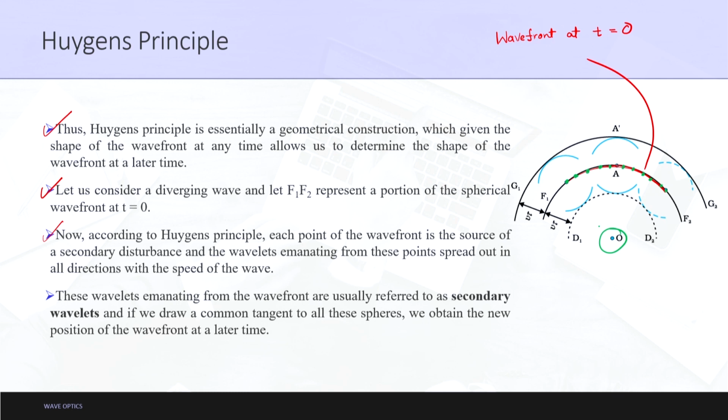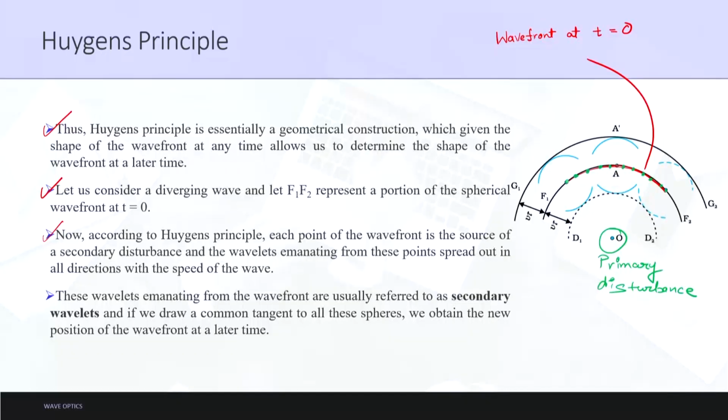The primary disturbance, for example, is a stone being thrown into a calm pool of water. When it hits the water, that is nothing but a primary disturbance.